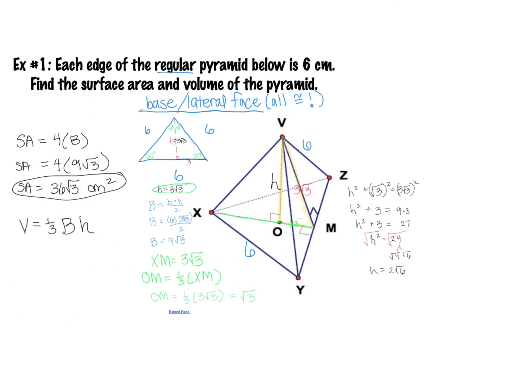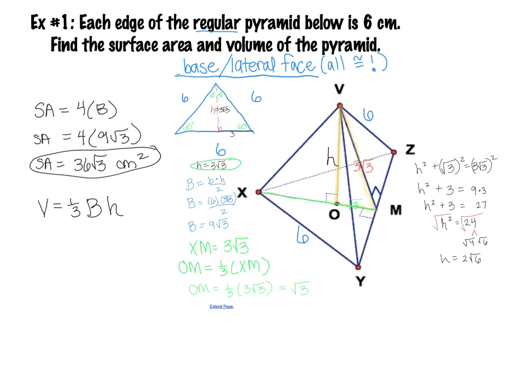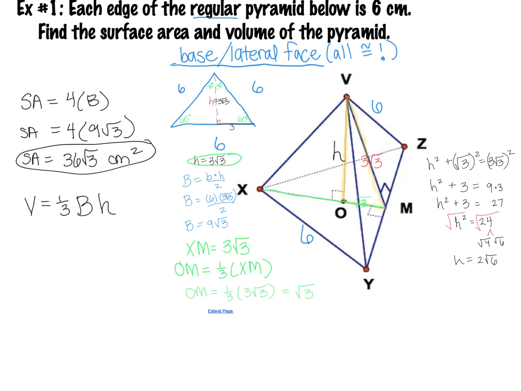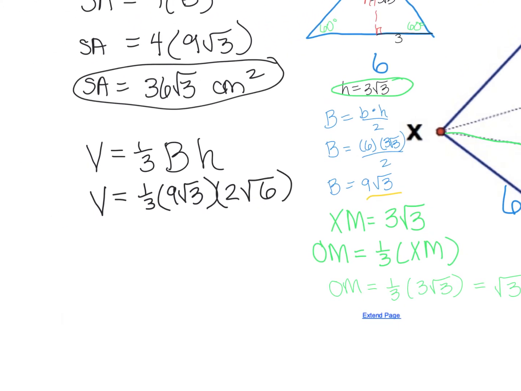Now we can substitute this into the height of our volume formula, and from here it's smooth sailing. So we have volume equals a third times area of the base, which, remember, was 9 radical 3, and the height we just found was 2 radical 6. And just in case you don't really remember how to multiply radicals, we're going to multiply everything outside the radical first.